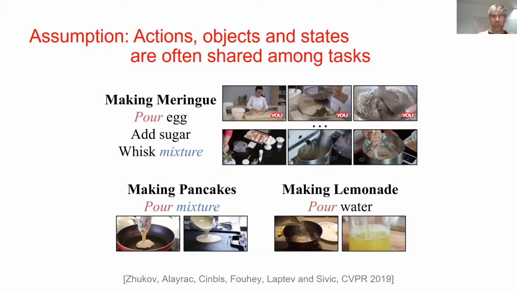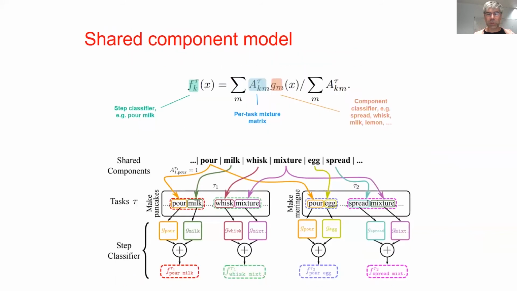Here in this work, we also try to decompose them into components. One component would be pour, another component would be mixture. What's nice about it is that when we go to other tasks, making pancakes or making lemonade, we see that these components reappear in a new configuration, pour mixture or pour water. If we train all components together, from all videos, from all tasks, the tasks hopefully should start helping each other, and the performance should increase as we go for more and more tasks.